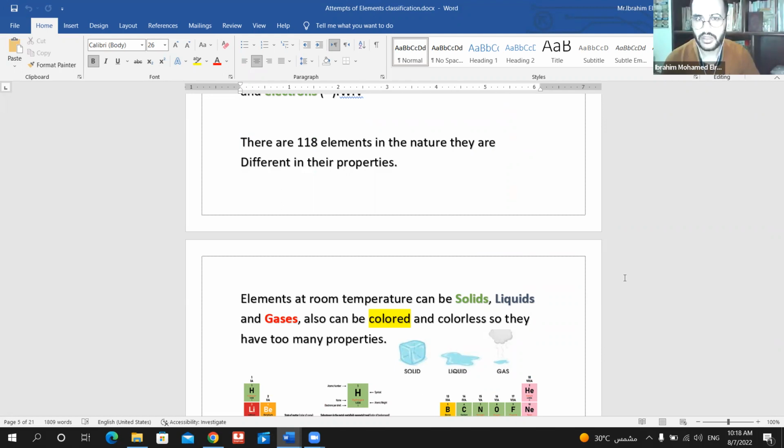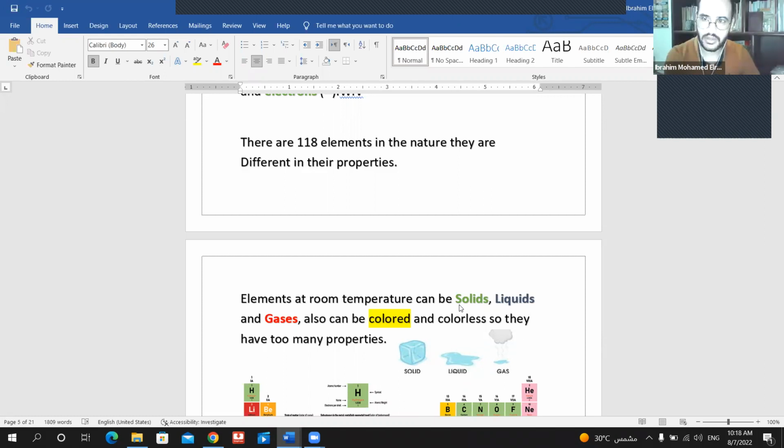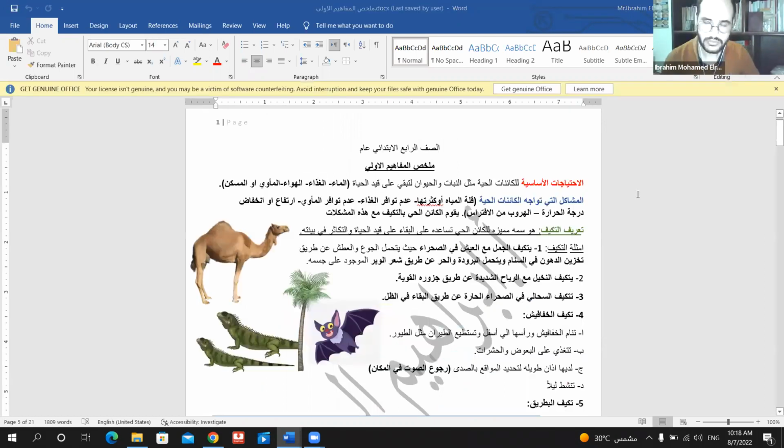Maybe you heard that before, last year, that the number of elements was 118, but in the attempts at element classification and the history of building the periodic table, the number of elements was less than this, because they discovered new elements over the years.